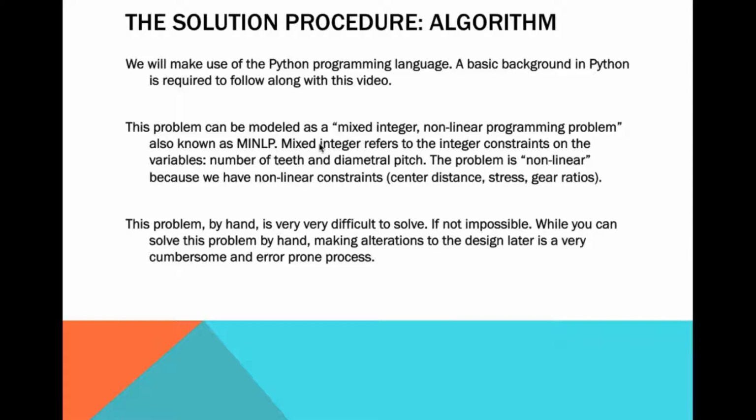And so this problem is known in the math and optimization modeling world as a mixed integer nonlinear programming problem. Basically what that means is we're trying to optimize the error between our gearbox ratios and the target gearbox ratios.